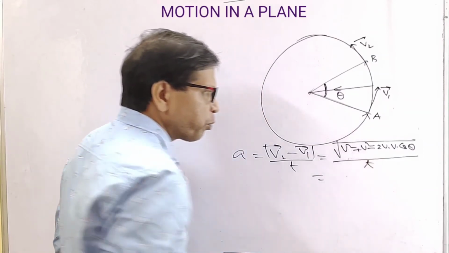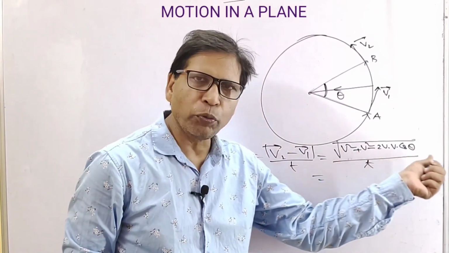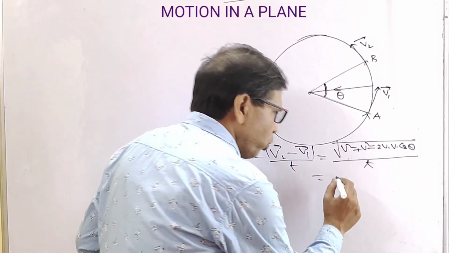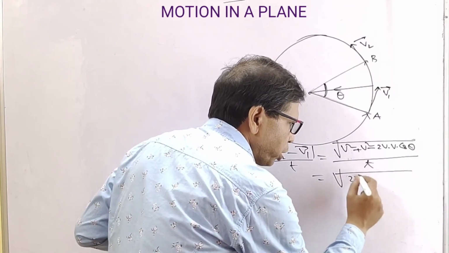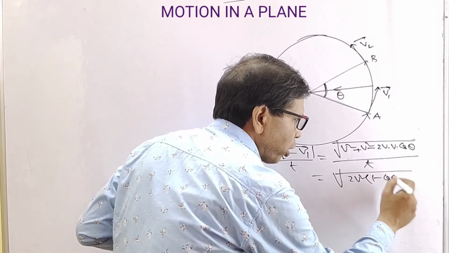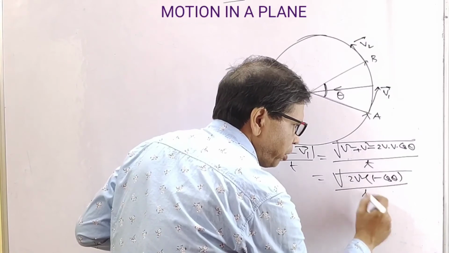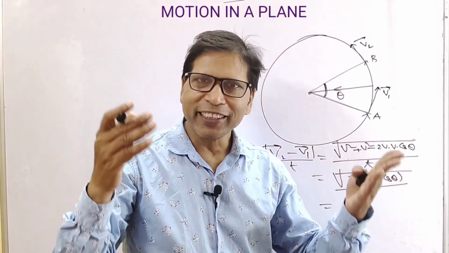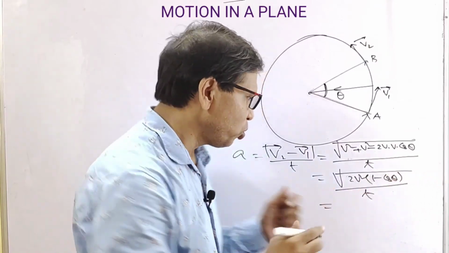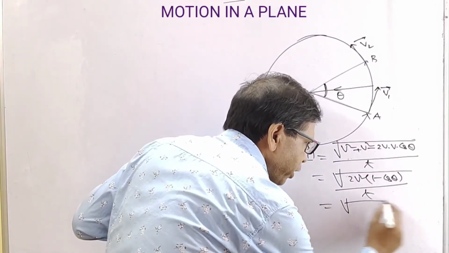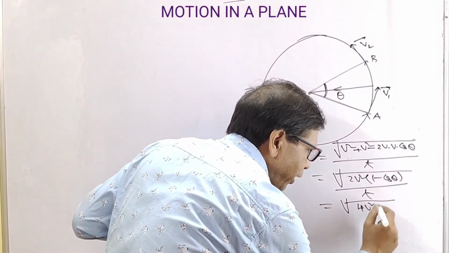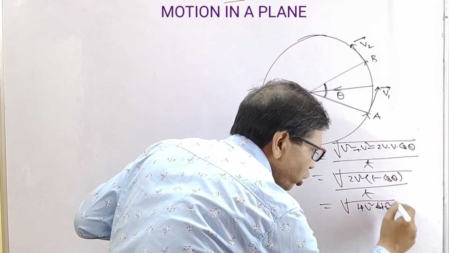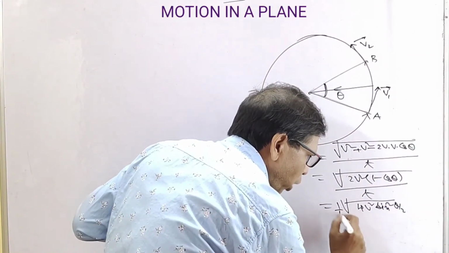Now this is 2v square minus 2v square cos theta, so root under of 2v square into 1 minus cos theta divided by time t. Now 1 minus cos theta means 2 sine square theta by 2. So here we get root of 4 v square sine square theta by 2, divided by t.